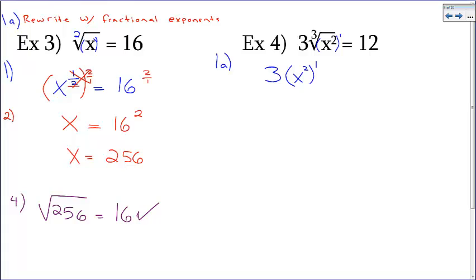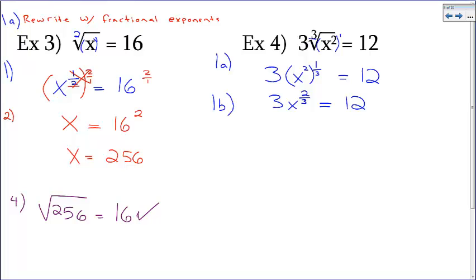Next, I want to convert my radical by taking everything under the radical to the first power, dividing the power by the index, and distributing to the terms within the parentheses. So here, I'm left with on the left side 3x to the 2/3 power, and on the right I'm left with 12.